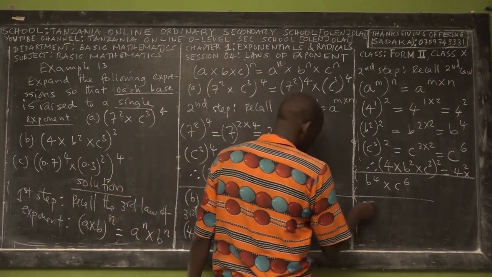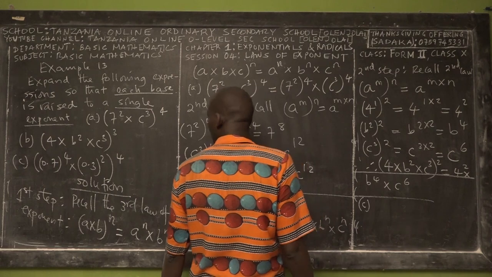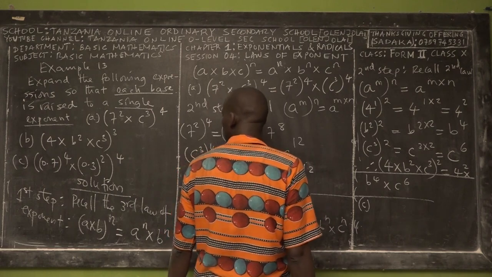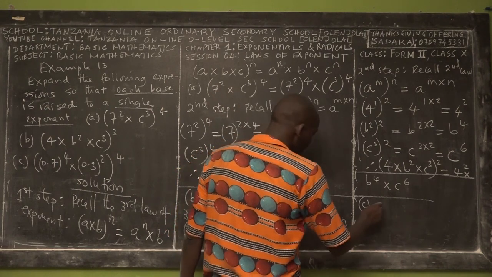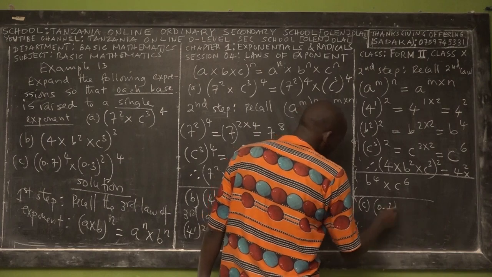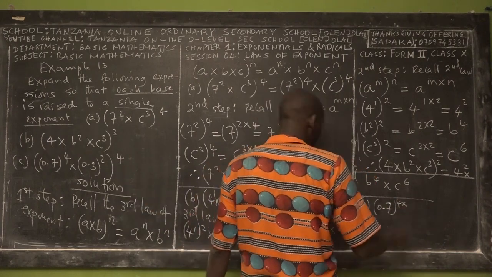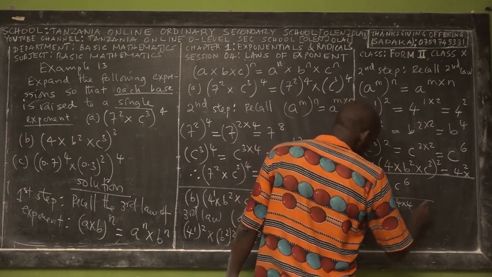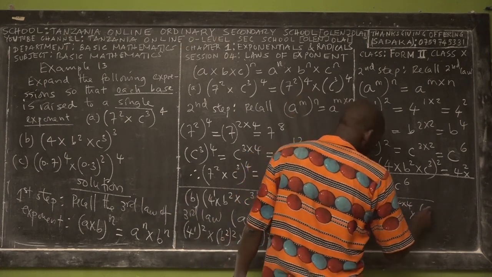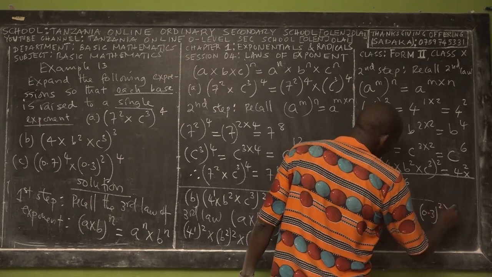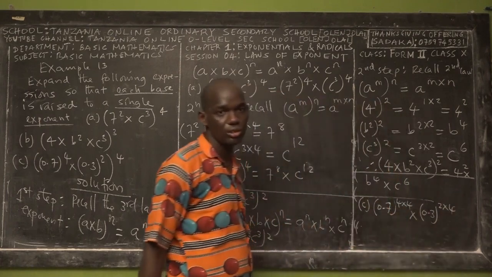Okay, for Roman C. Can you go straight forward? We are going to have 0.7 power 4 times 4, then multiply by 0.3 power 2 times 4. You understand?